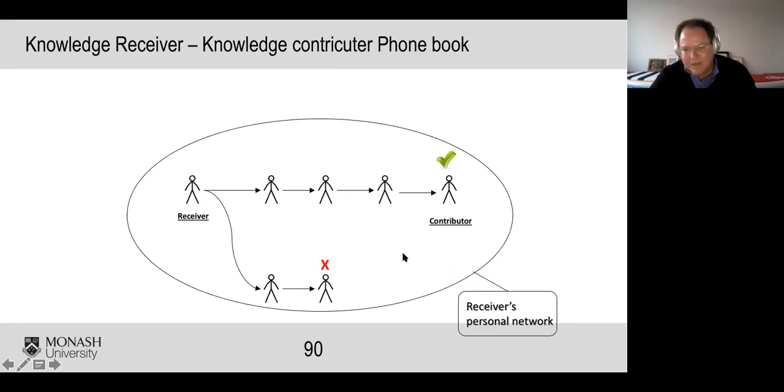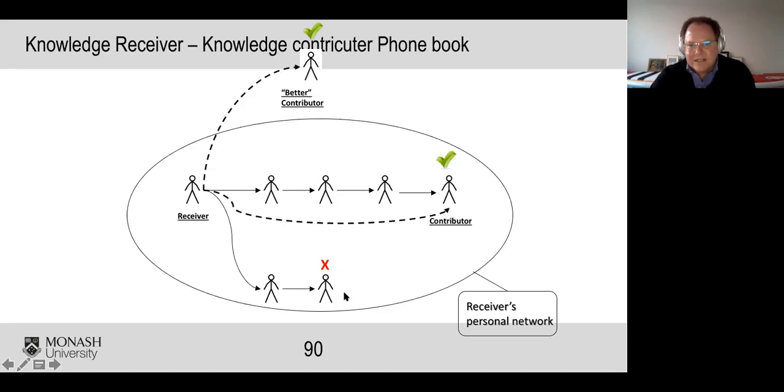So if you're new to a company, your network is by default smaller. So it's a little bit of a nightmare. And worse, often the better contributor, the one outside of the network, is not even on their radar. So it's really a question of serendipity or luck if they find this.